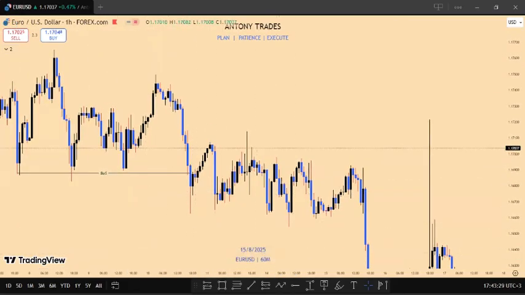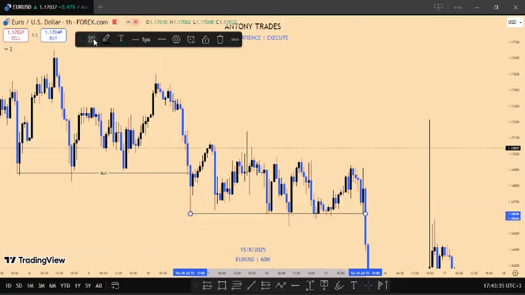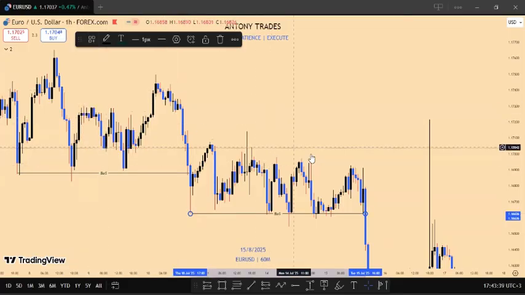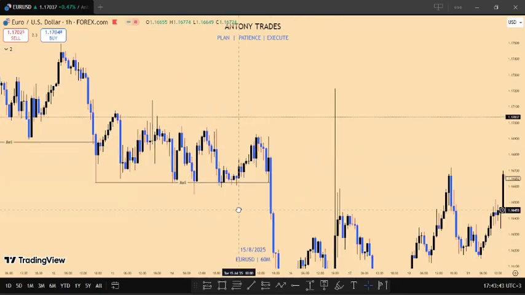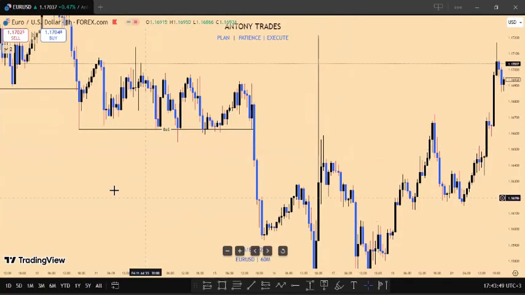So I still do have another break of structure at that point. That is also a break of structure. Okay, so that is it. It is very easy to mark or to identify this pullback.